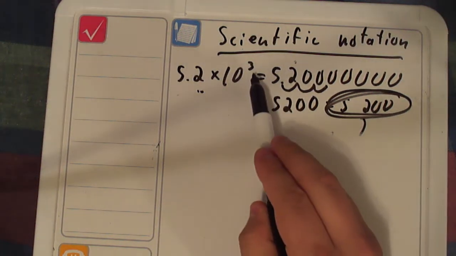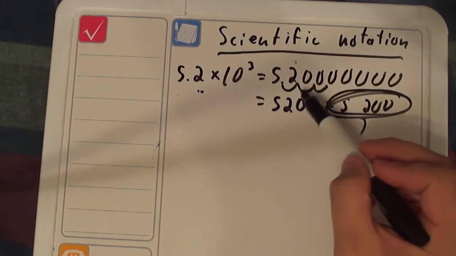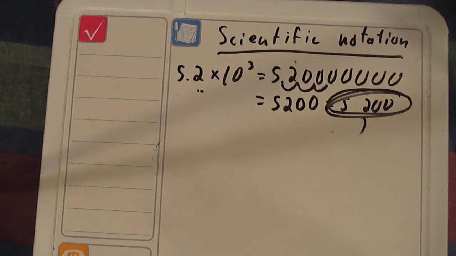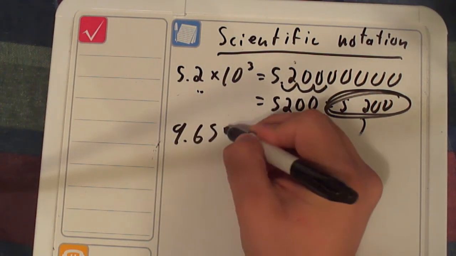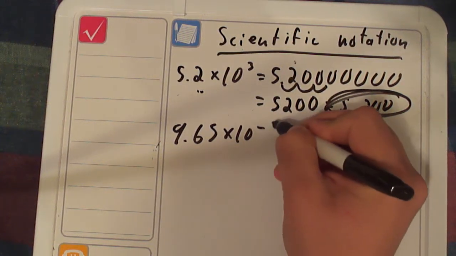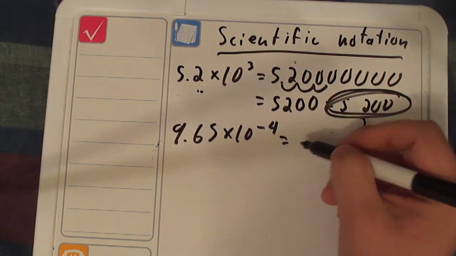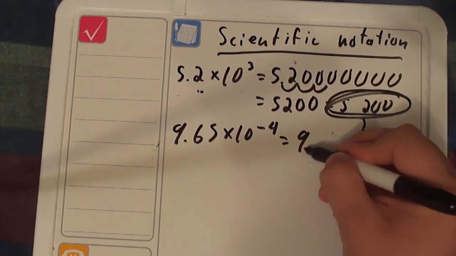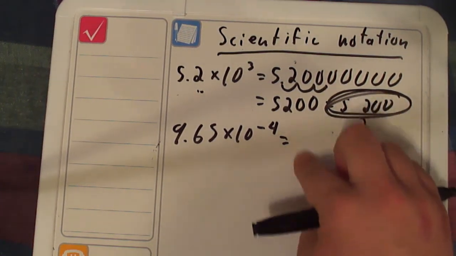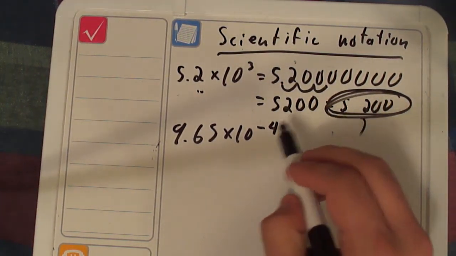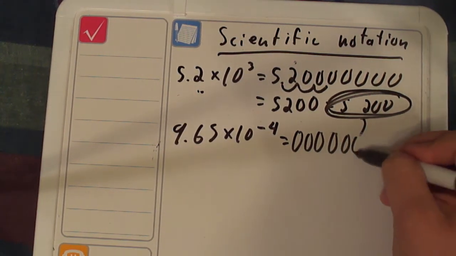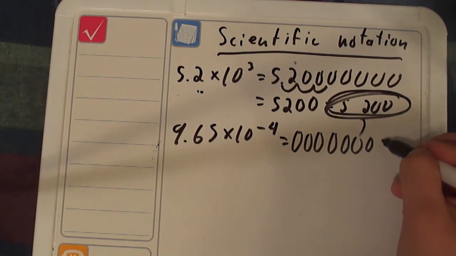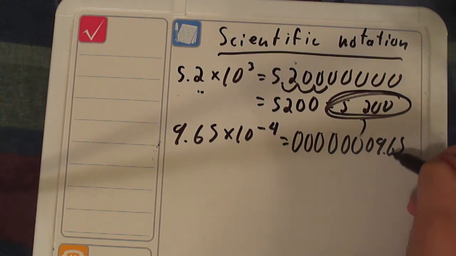Oh, and of course, if you know you're going backwards, which is something I'll just bring up right now. So 9.65 times 10 to the negative 4 equals, okay, so if I have 9 point, since it's negative, you know it's going to be going forwards. So I can have 0, 0, 0, 0, 0, 0, 0, 9, 6, 5.